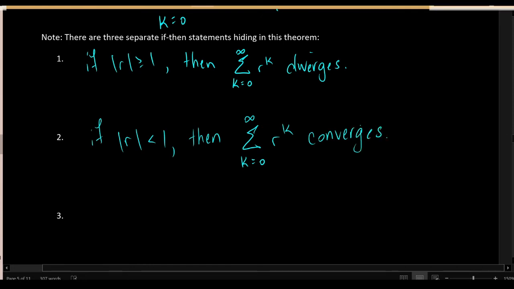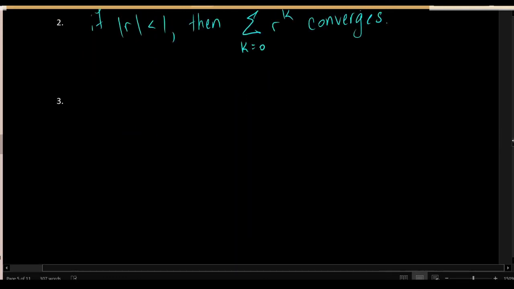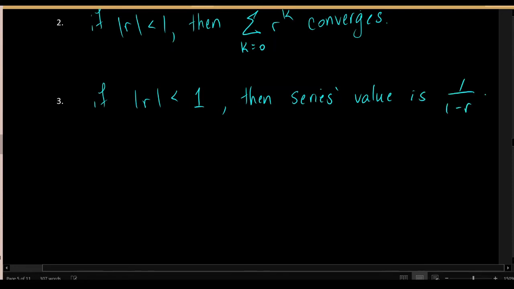And the final if-then statement that's hiding in this theorem is that if the common ratio is smaller than 1 in magnitude, then the value of the series is 1 over 1 minus r. So 3 separate hypotheses leading to 3 separate conclusions.